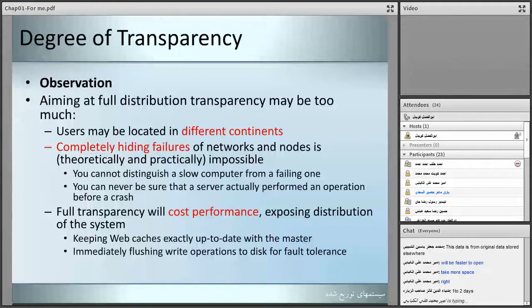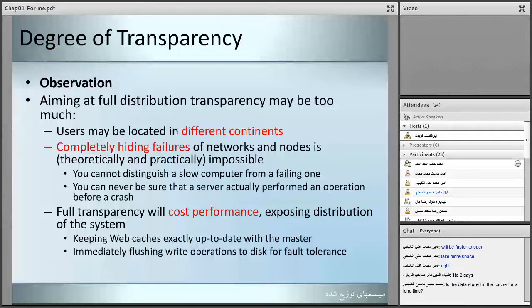As a result, you have to refresh your cached files, and it decreases the performance because you need to communicate with the master website, use bandwidth, and transfer data between your computer and the master website.